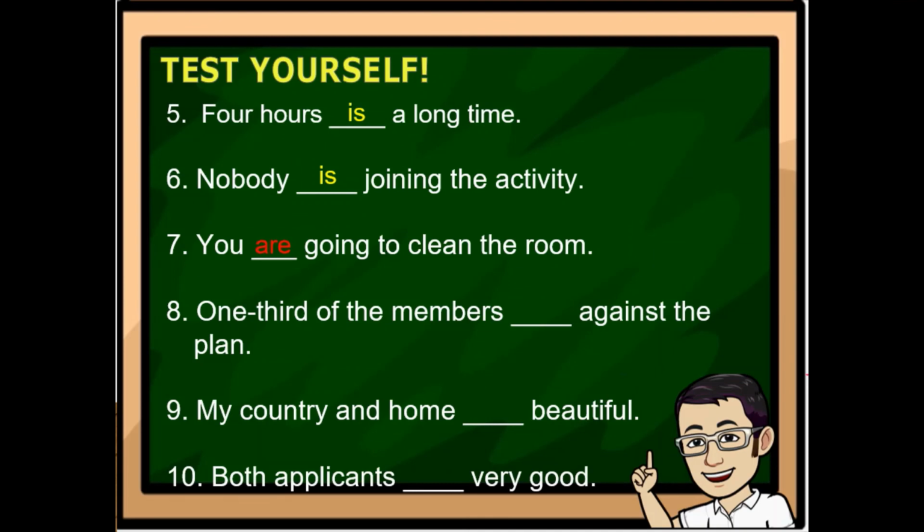The answer: are. 9. My country and home blank beautiful. The answer is. And number 10. Both applicants blank very good. The right answer is are.